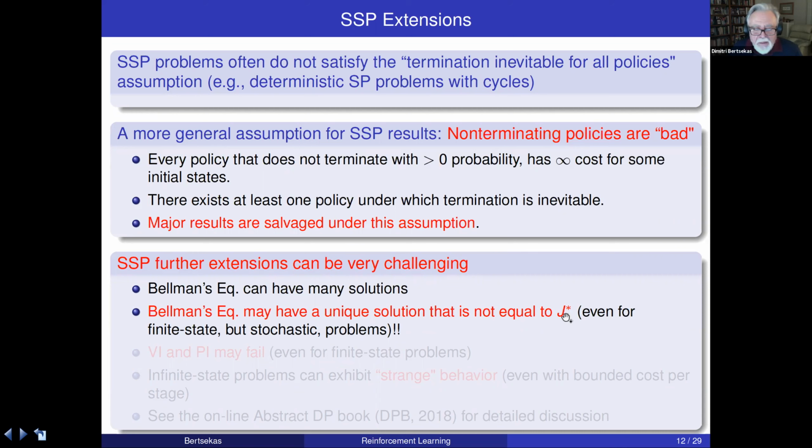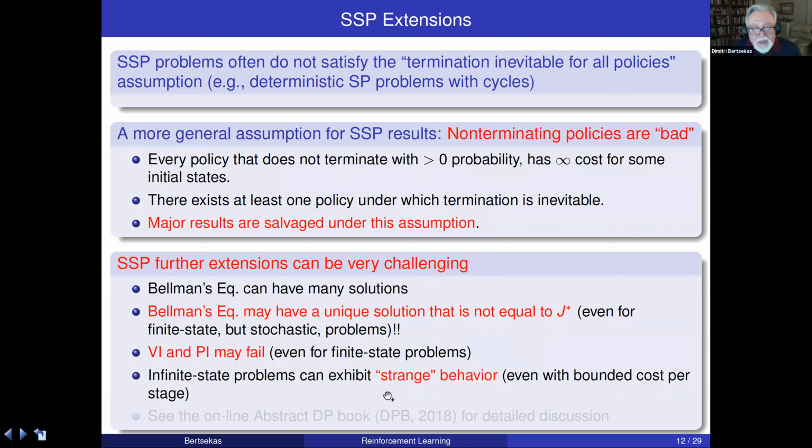That blew my mind when I found out about it because it seems so unlikely. But it is true for stochastic problems, not for deterministic problems, but it can happen for stochastic problems with relatively few states. Now, once you have this kind of anomalies, then value iteration and policy iteration may fail, even for finite state problems. Infinite state problems can have very strange behavior. All of this and more, even with bounded costs per stage.